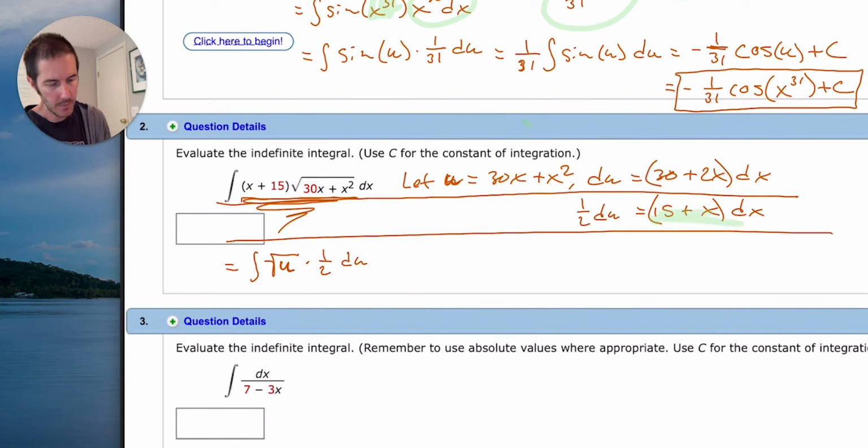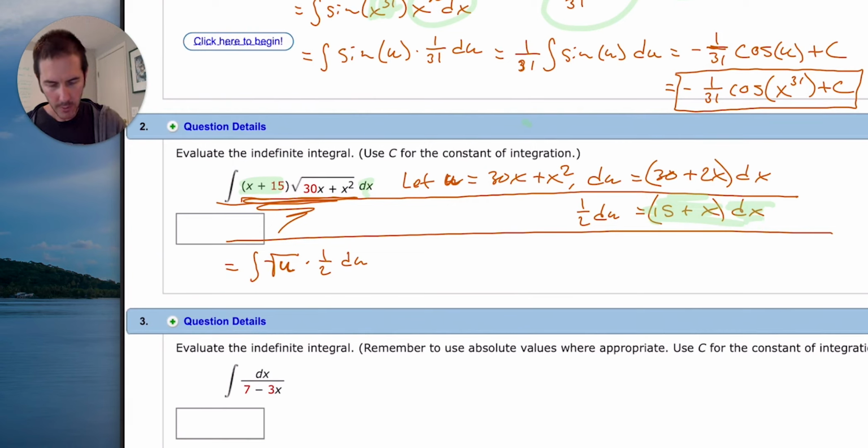Because the 15 plus x and the dx got replaced by 1/2 du. And of course the 30x plus x squared got replaced by the u.